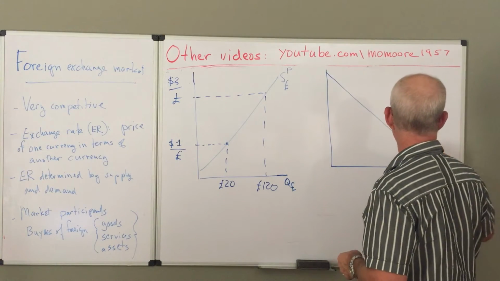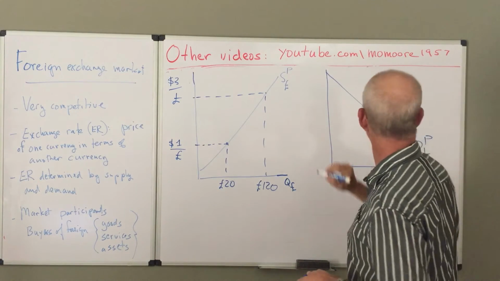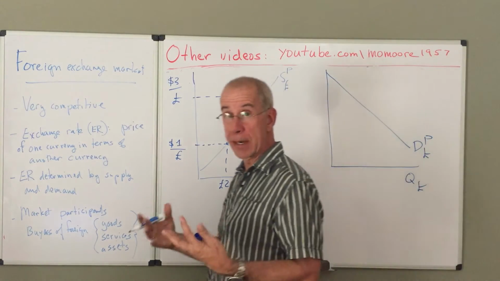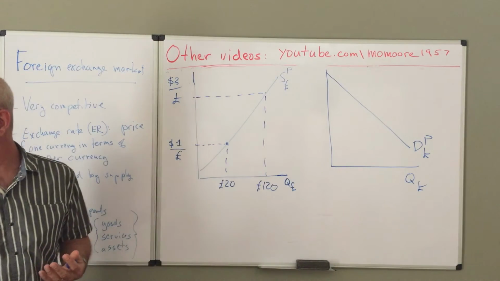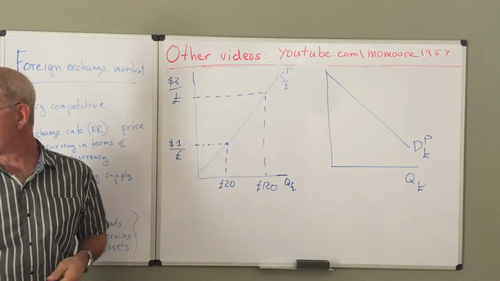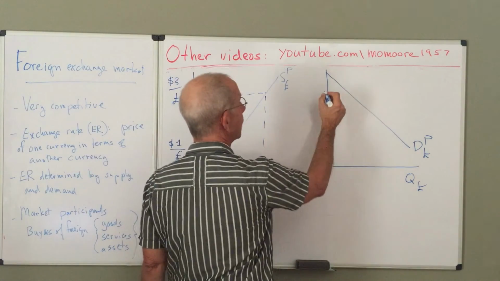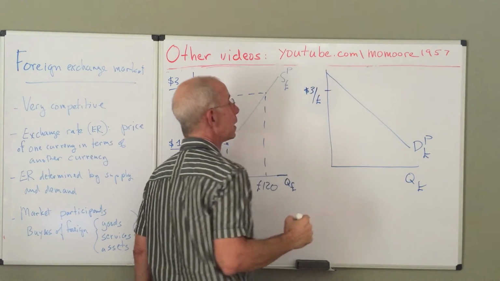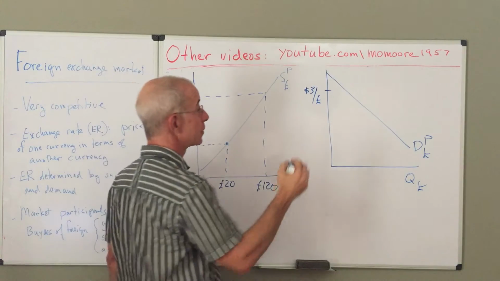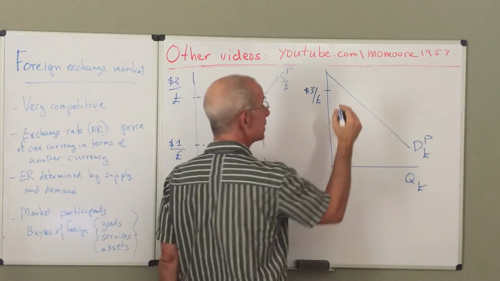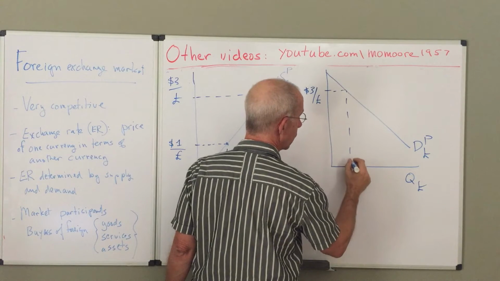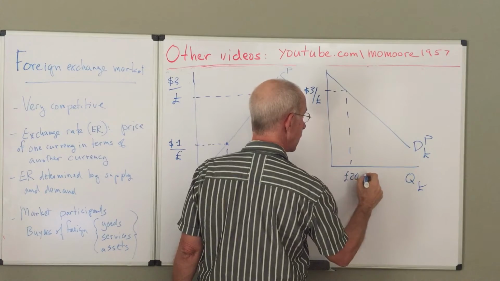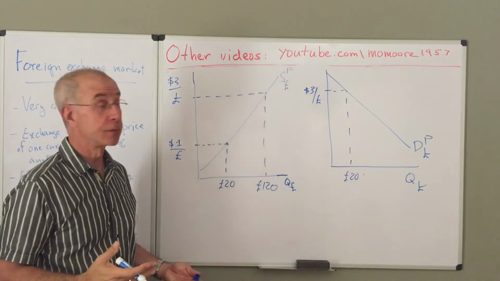We could have a private demand for pounds by Americans who want to buy British stuff. And so we will depict that on a separate graph right now. We'll combine them in just a minute. Let's say at $3 per pound, so this is when the pound is expensive, Americans only want to demand 20 pounds.